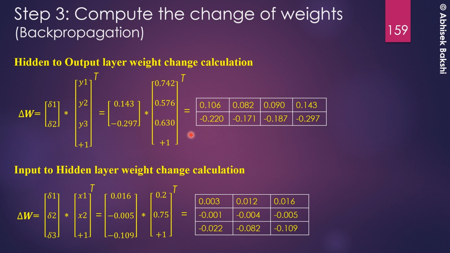So your delta W has to be 2 cross 4, otherwise you cannot do the addition of W plus delta W.